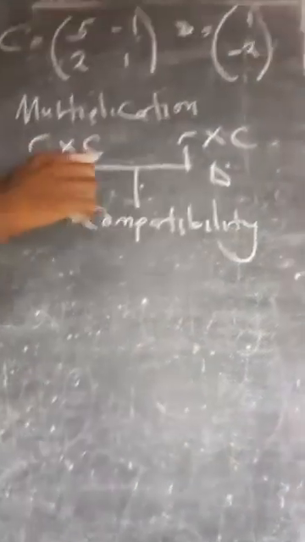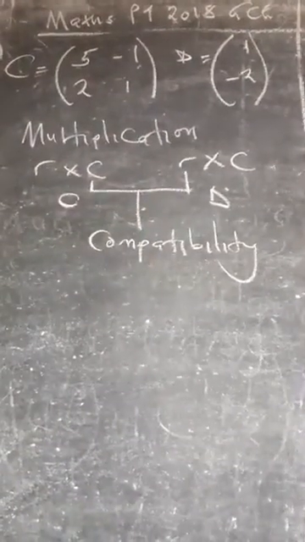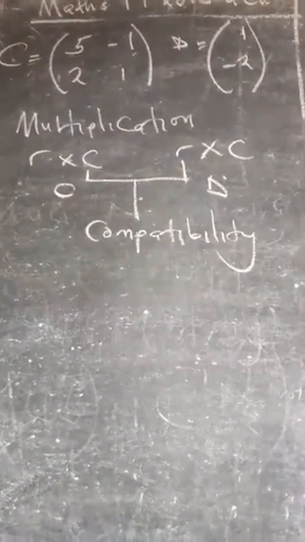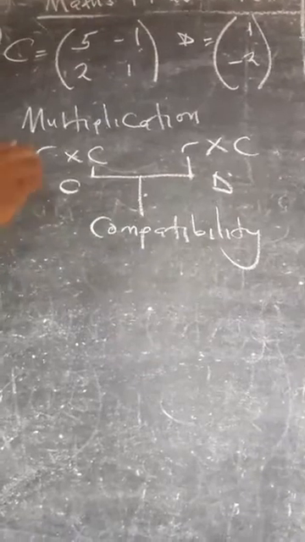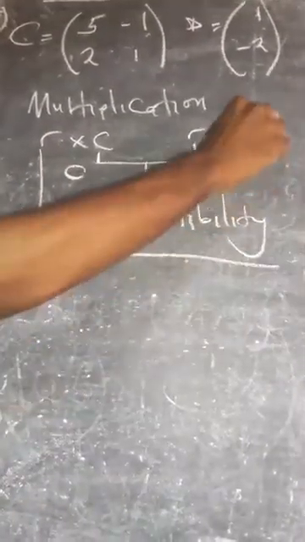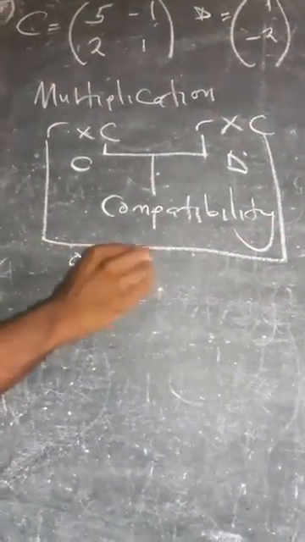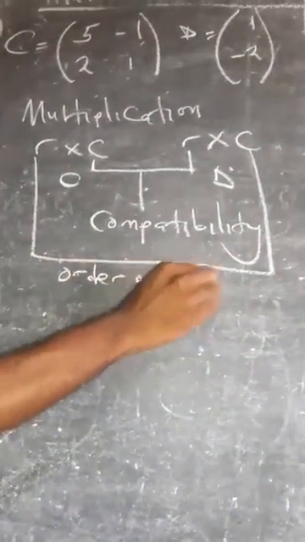If these numbers are not the same, they can't be multiplied. That's impossible. Then this shows the order of the answer.